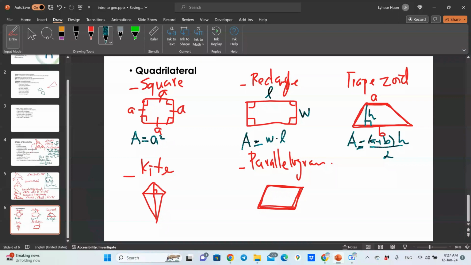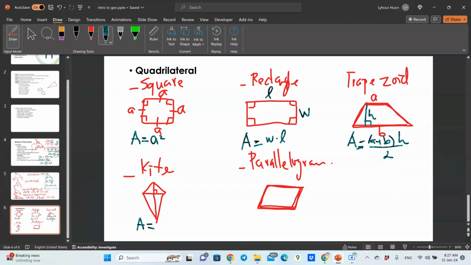How about the kite? The kite. Yeah, kite. Area equal to. I learned this a long time ago, and I know it, but I don't remember. But now you forgot it. Okay.